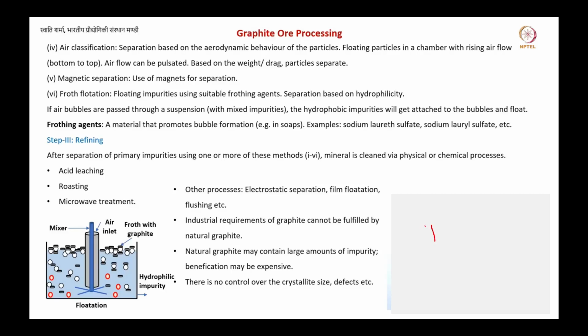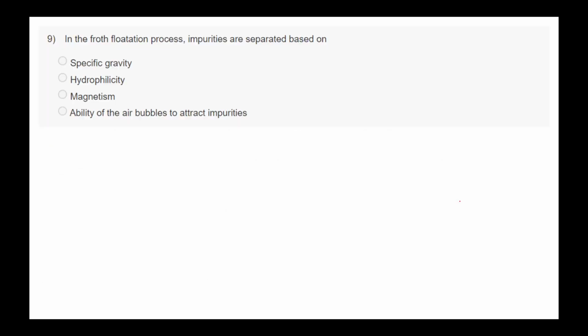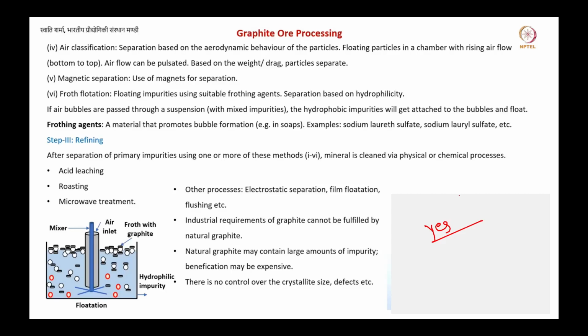Yes, sir, what is the role of spiral in tabling gravity? Sir, what is the role of spiraling and tabling? Spiraling and tabling, where is it? Based on gravity, sir.